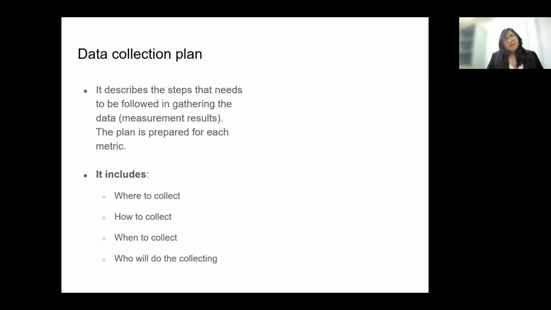And in addition to the metrics that were selected, we have to include in the description of the plan information regarding where the collection of the measures will be done, how this collection will be done, when, and who will do the collection. So that is a part of the data collection plan.